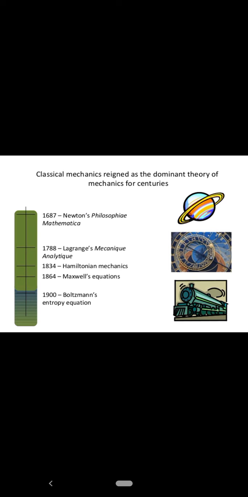Then the major finding in classical mechanics came in 1788, when Lagrange's mechanics came into the picture. In 1834, Hamilton gave other methods to describe the equations of motion. In 1864, Maxwell gave the four equations, and in 1900 the Boltzmann entropy equation was discovered. These were the major breakthroughs in classical mechanics.